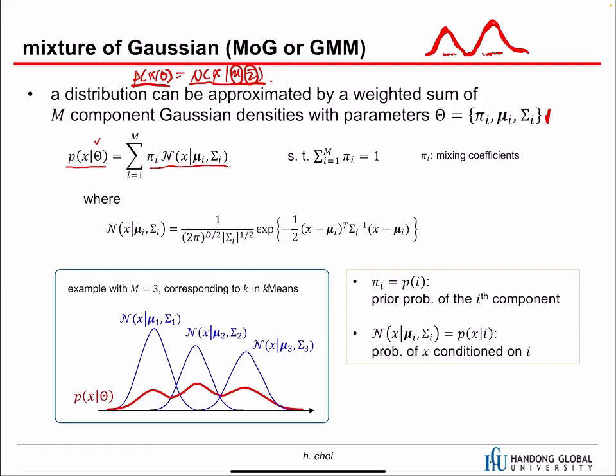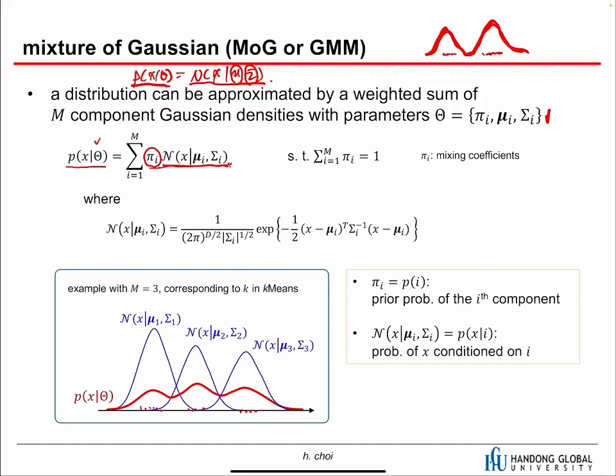So now, instead of using just one Gaussian distribution, we have multiple Gaussian distributions, and these Gaussian distributions are combined with different weights. So we have one nice figure here. When we have some samples like this, then we need three Gaussian distributions.